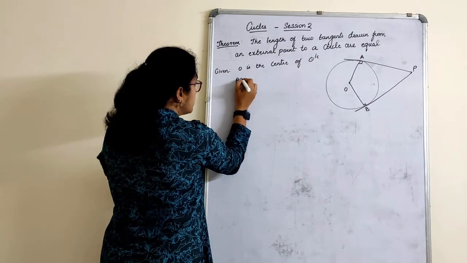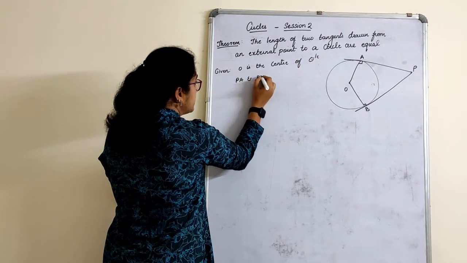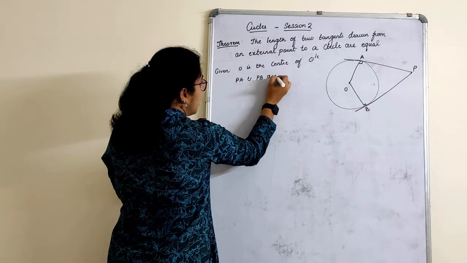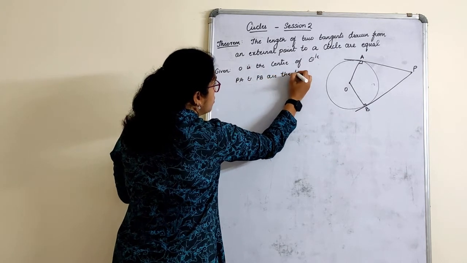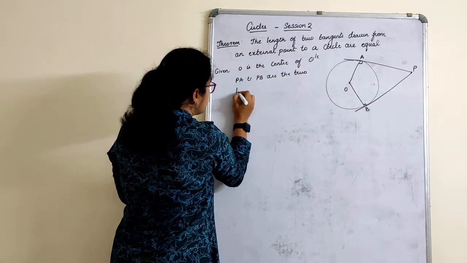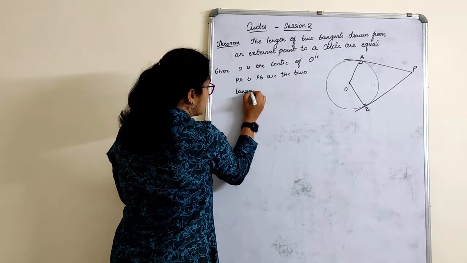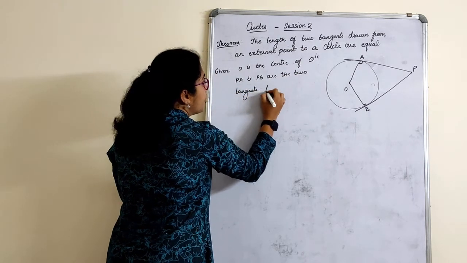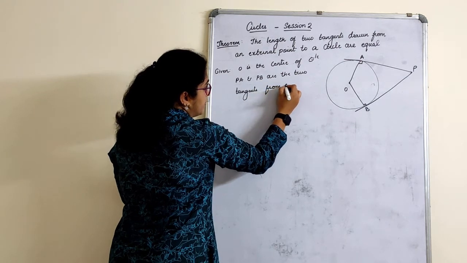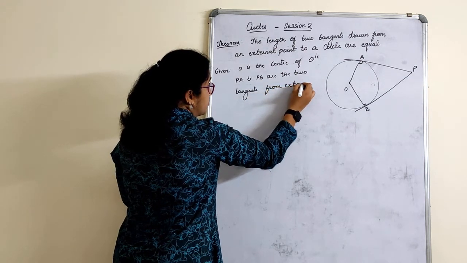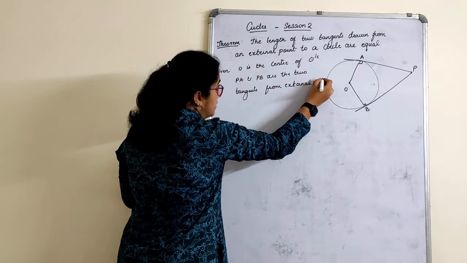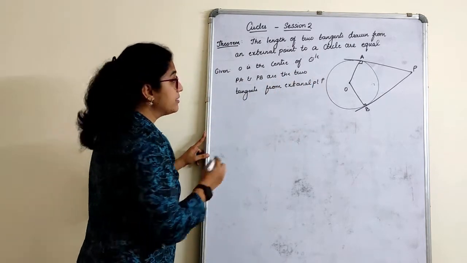Then PA and PB are the two tangents from the external point P. This is very important, external point P.